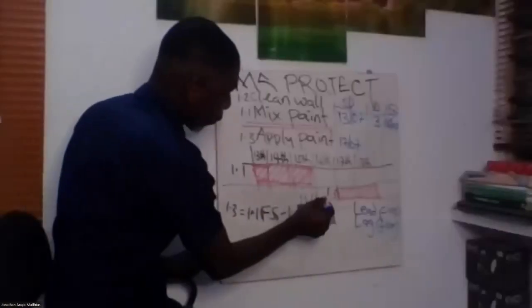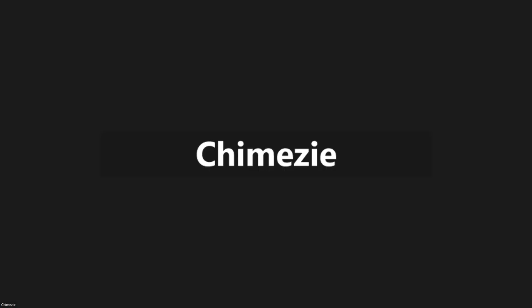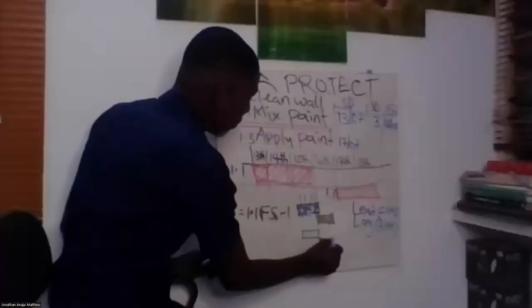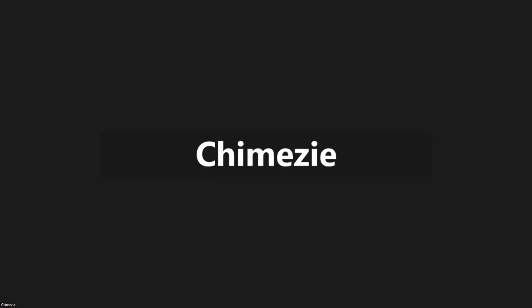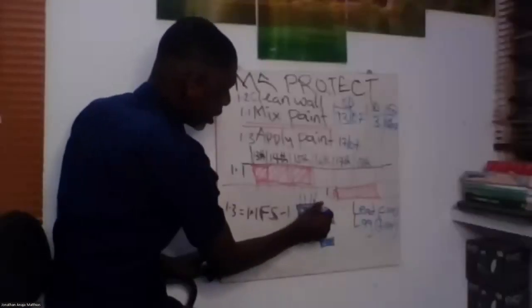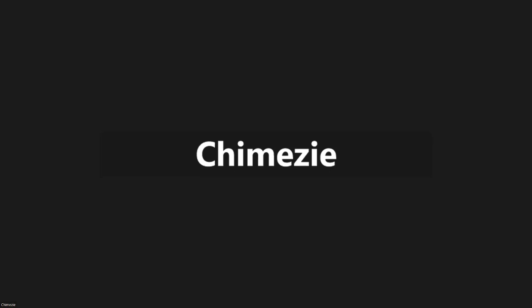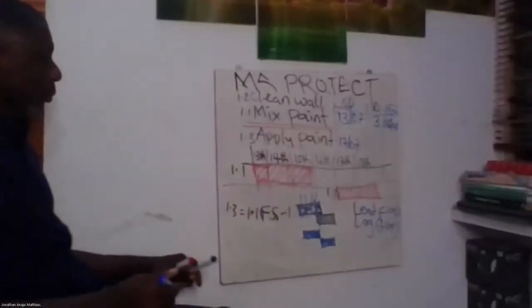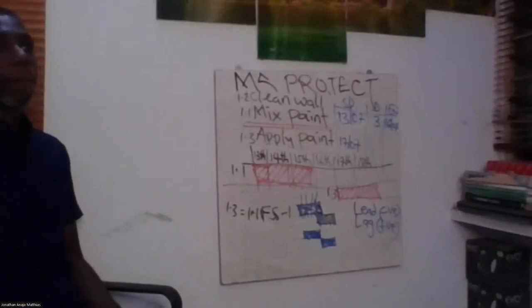Instead of the former one, which said that the mixing of paint must be entirely finished before this one starts, this one says that the mixing of paint does not have to finish. Advance application of paint by 1 day. Can we see the 2 bars there? Yes.